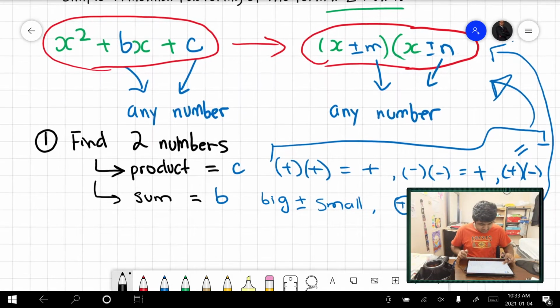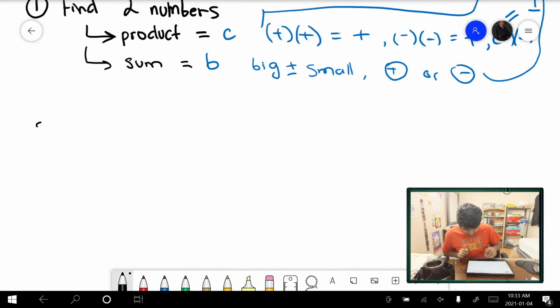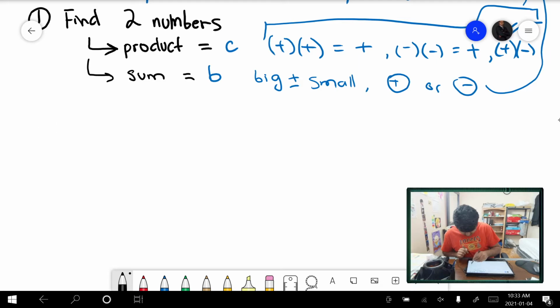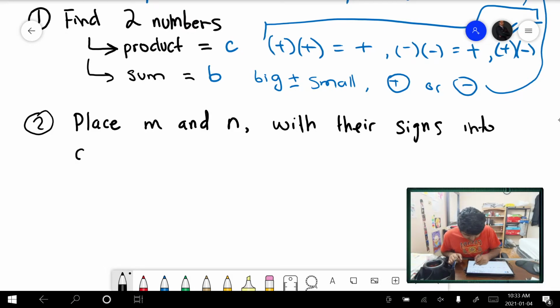Now, once we've found these numbers, the next thing we're going to do is place m and n with their signs into adjacent brackets, right?